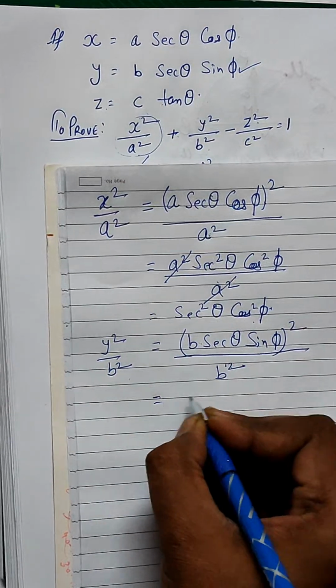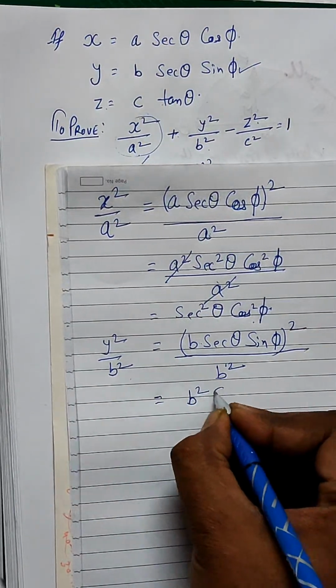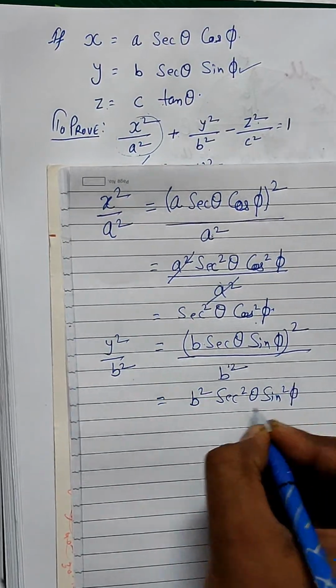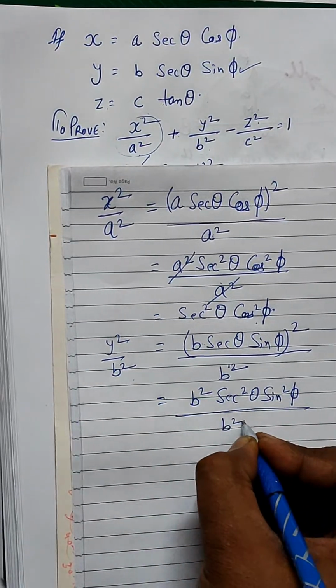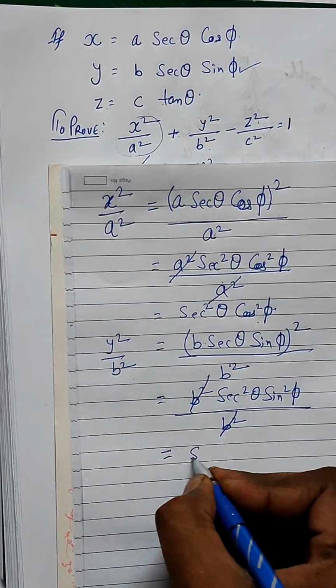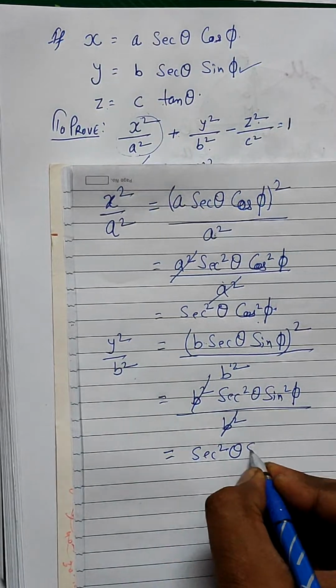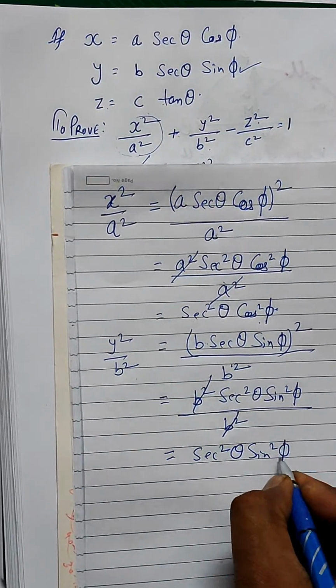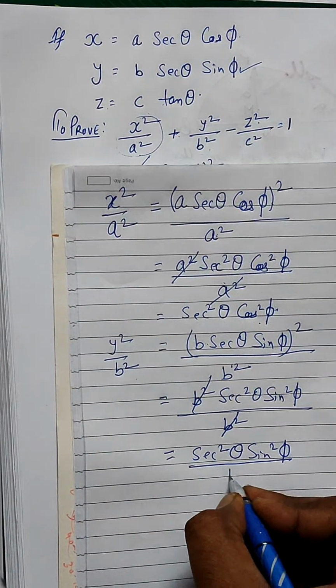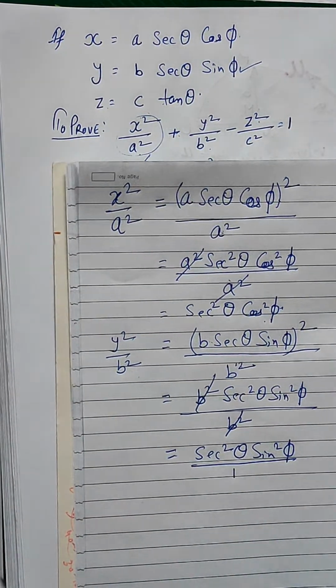So it will be b square sec square theta sin square phi by b square. B square and b square will be cancelled out, and we are left with sec square theta sin square phi by 1, so that's negligible, right?